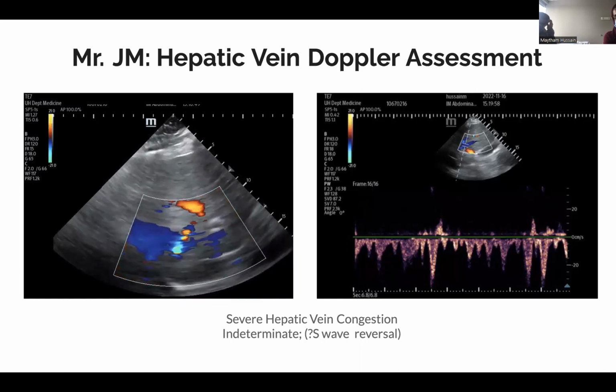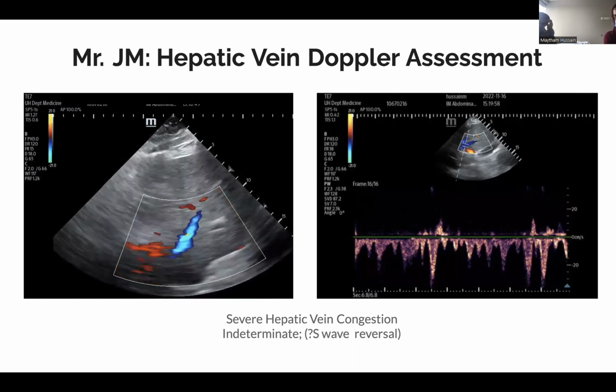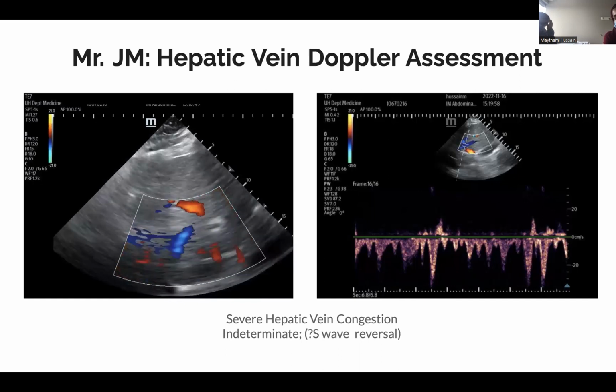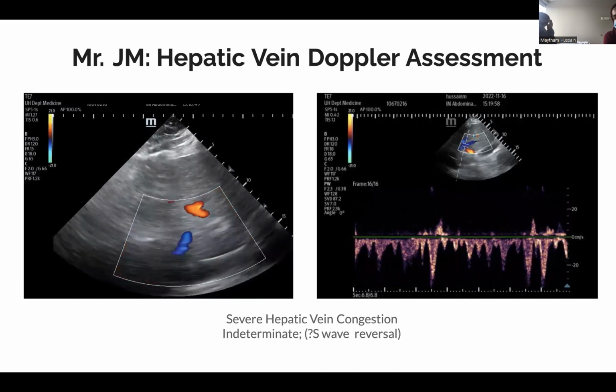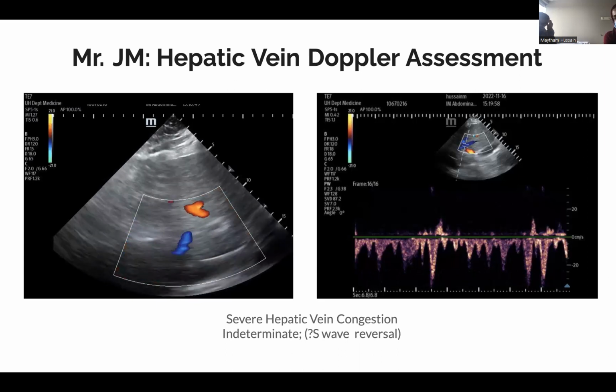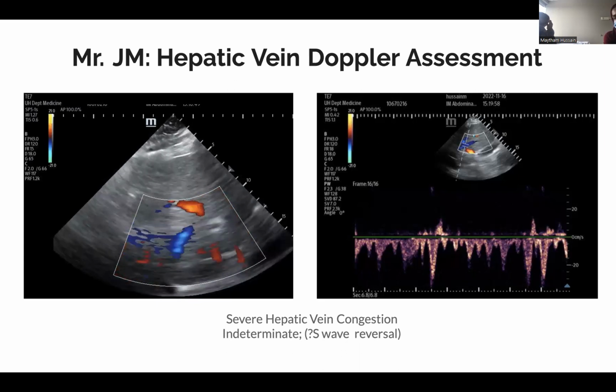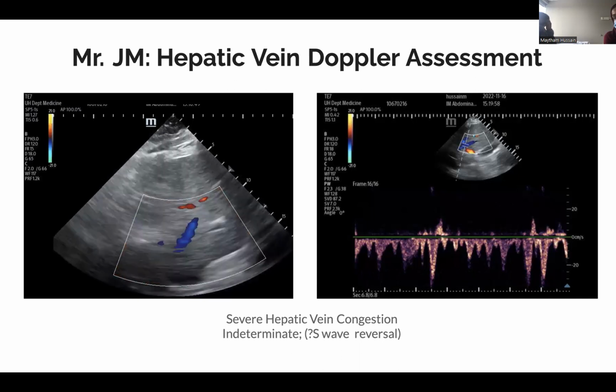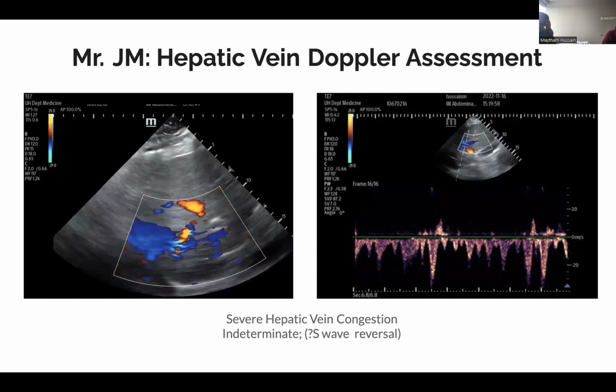representing the atrial contraction. And so we could postulate that maybe those negative waveforms there are actually S waves signifying S wave reversal, and therefore a severely abnormal pattern.